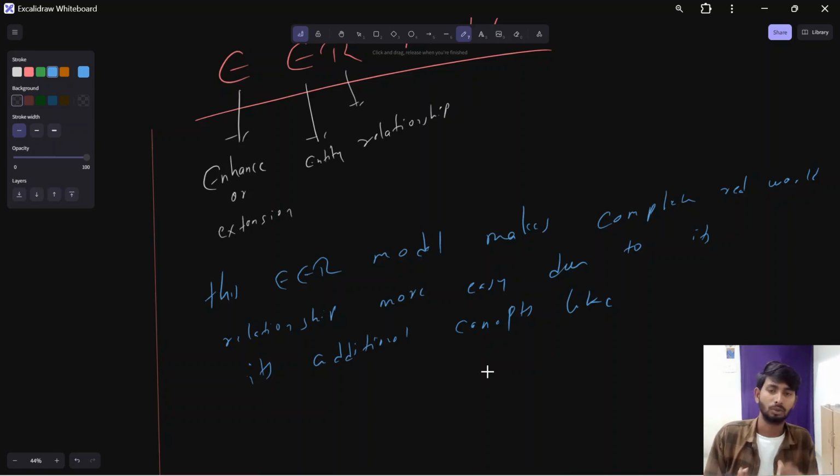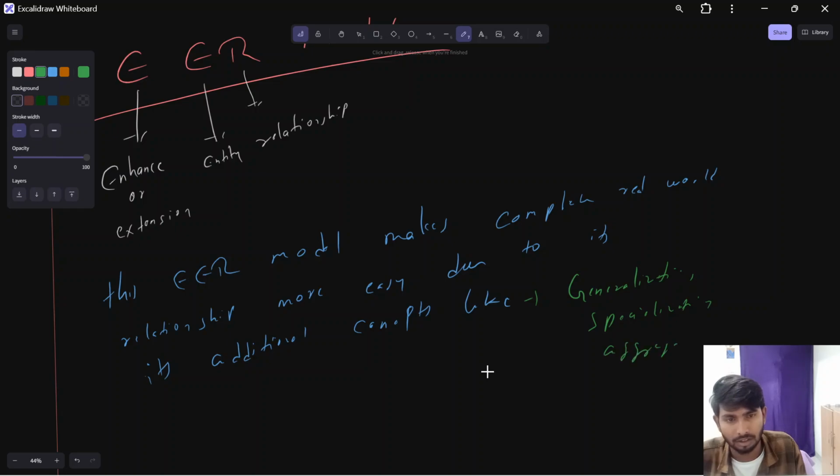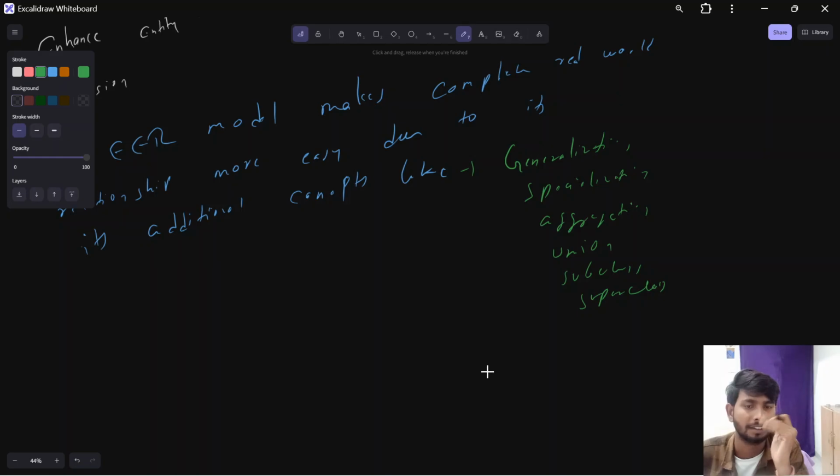Because it's an advanced version, it has some more features, like generalization, specialization, aggregation, union, superclass and subclass.